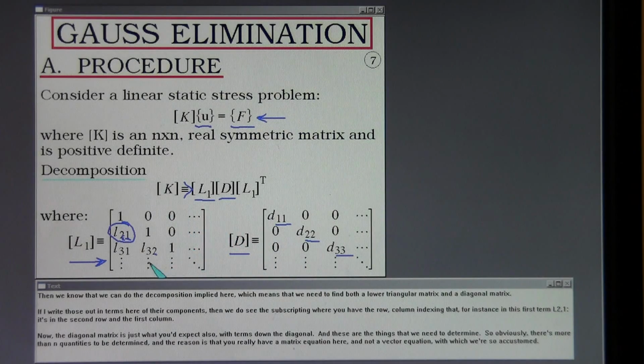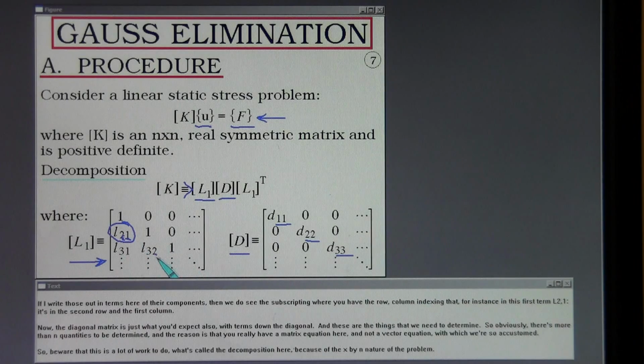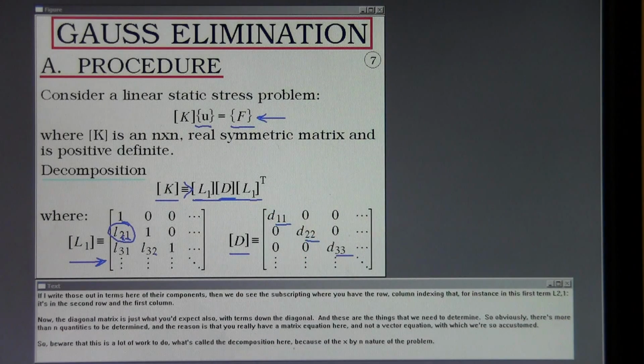So obviously there's more than n quantities to be determined, and the reason is that you really have a matrix equation here and not a vector equation with which we're so accustomed. So beware that this is a lot of work to do what's called the decomposition here because of the n by n nature of the problem.